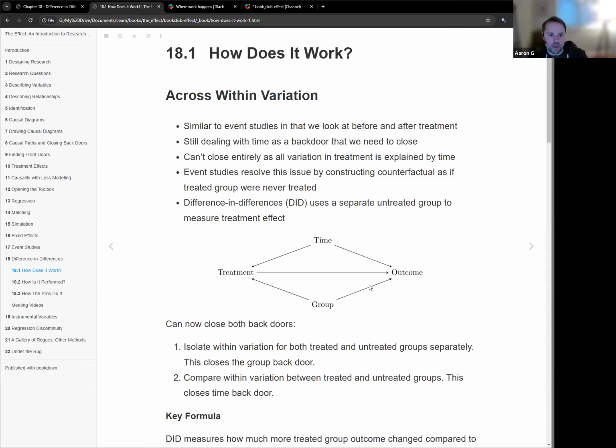Here we do have the time backdoor, but we're also dealing with group as another confounder. One of the issues is you can't close that back door through time entirely, or you don't have any variation left at all. And so in event studies, you get around that issue by constructing a counterfactual, which is what would have happened if the treated group were never treated at all. And then measuring what actually happened against that counterfactual.